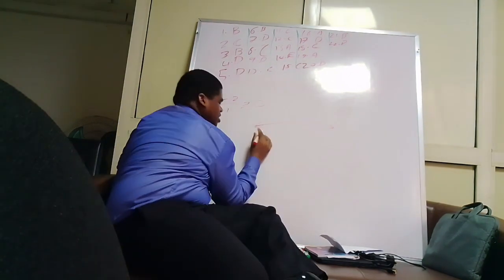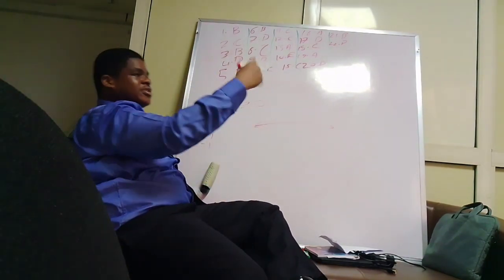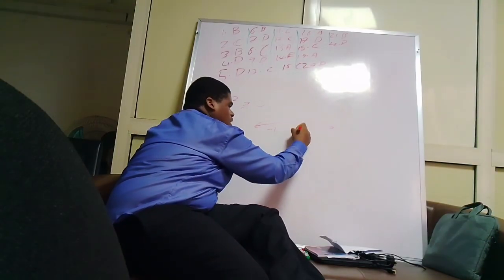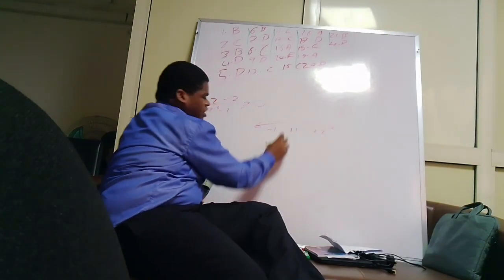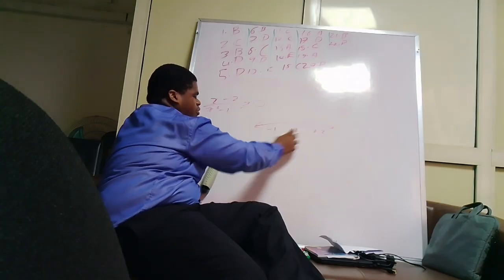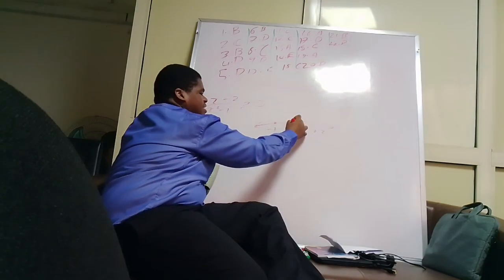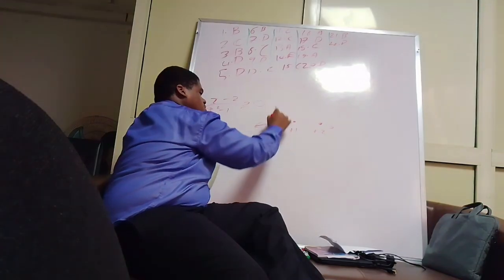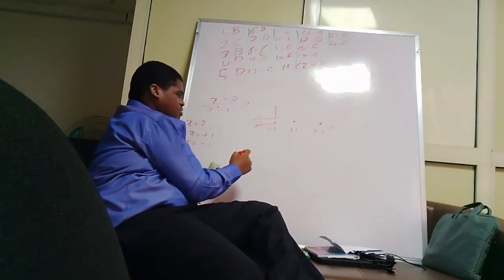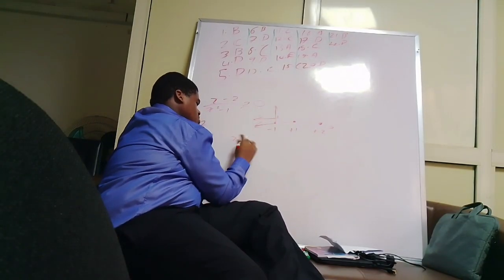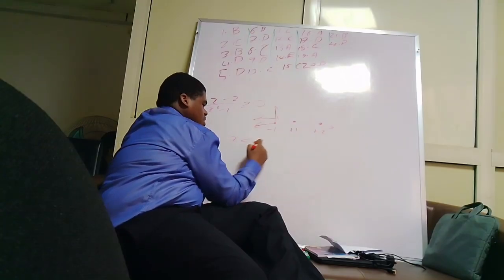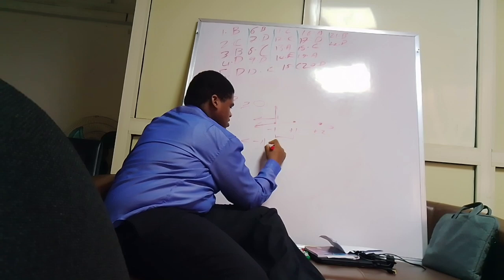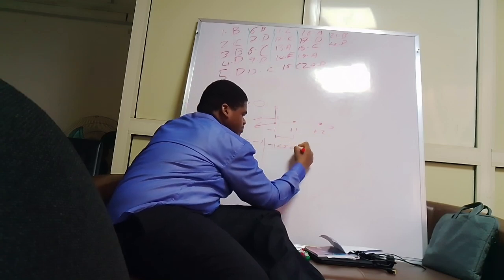If you arrange them in increasing order, you have minus 1, plus 1, and plus 2. Obviously there will be more space in some places than others, but this is just for you to analyze your points. So first of all, you have x less than minus 1, then x between minus 1 and plus 1, that is minus 1 is less than x is less than 1.